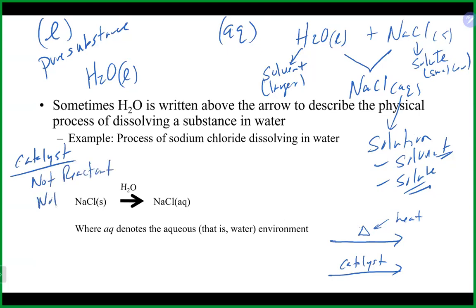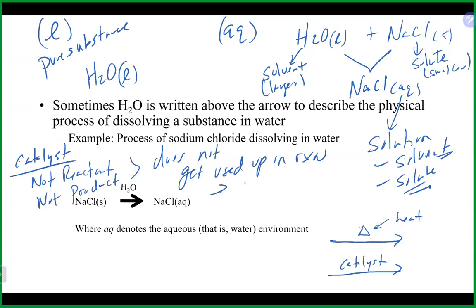It's not a product. And it does not get used up in the reaction. It is there usually to make the reaction occur faster. So it basically speeds up the reaction and makes it occur a lot faster.